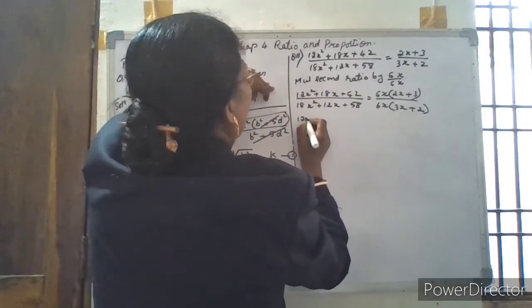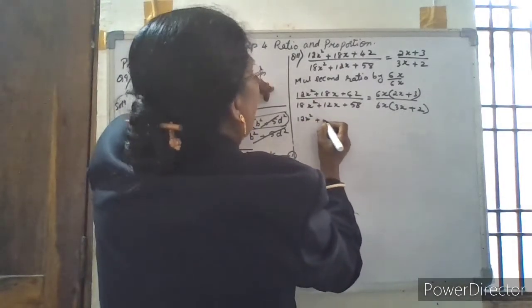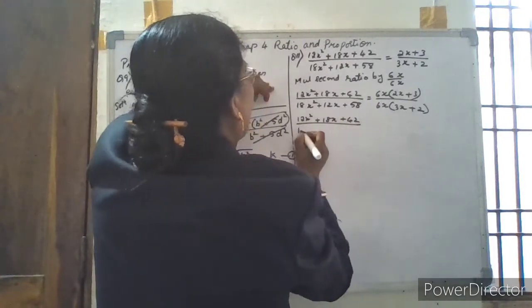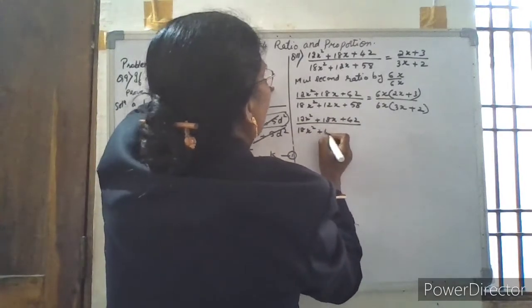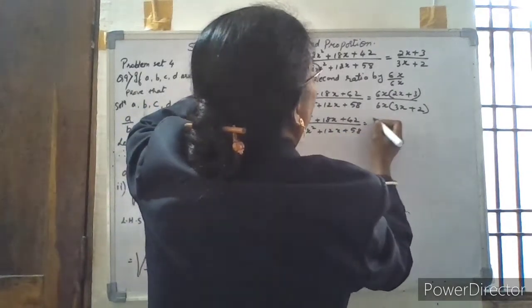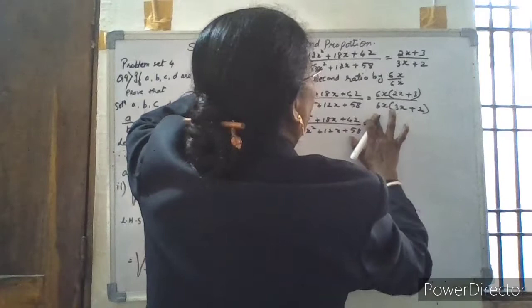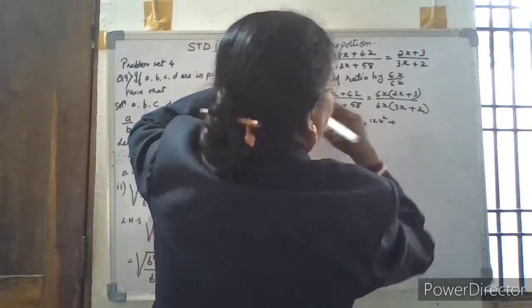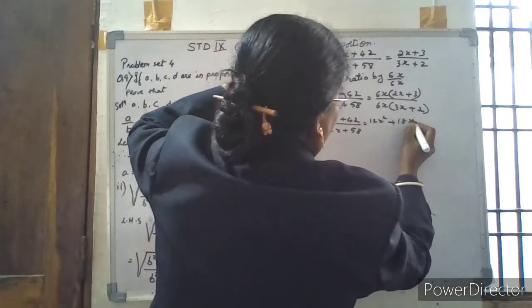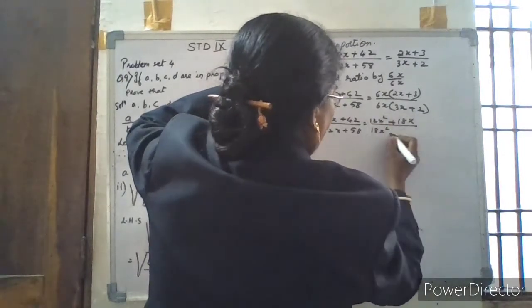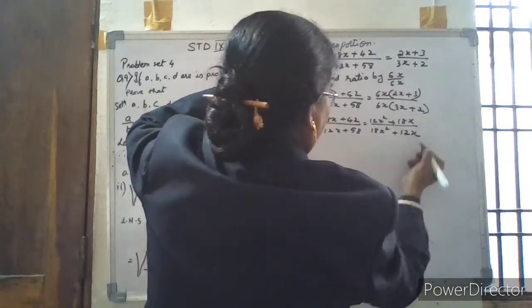So it is (12x² + 18x + 42)/(18x² + 12x + 58) equal to 6 times 12x² plus 6 times 18x upon 6 times 18x² plus 6 times 12x.